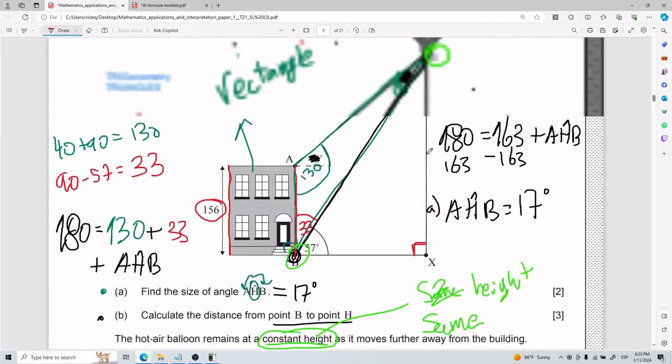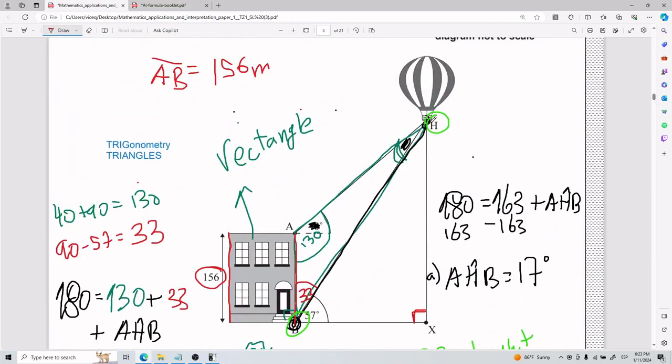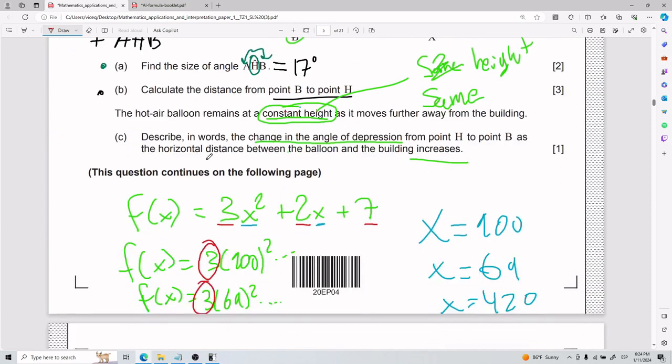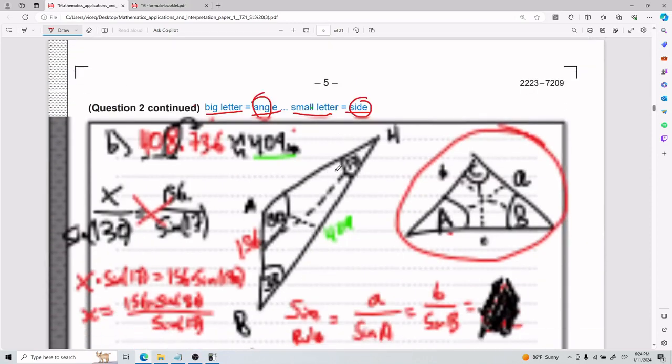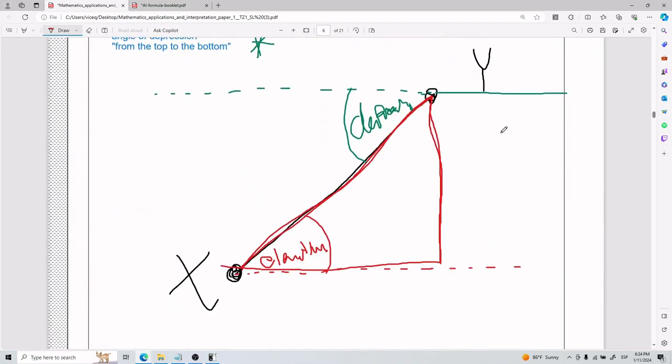So the height of this guy is not going to change. That means we're going to move over here, and my balloon is going to be here, and the height is the same. So describe in words how the angle of depression changes. This actually goes back to what I showed in the beginning.